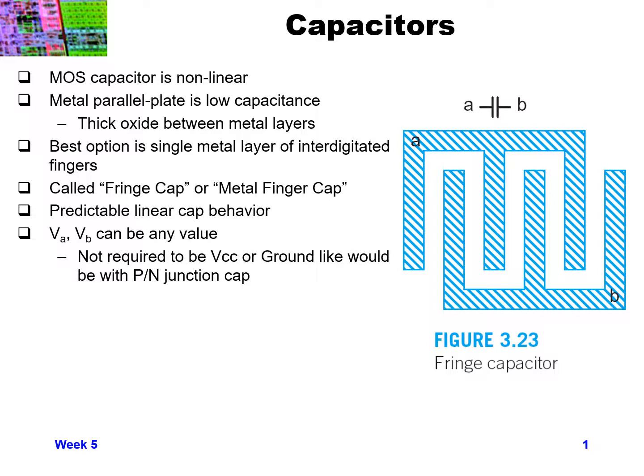So you're not required to have one of the terminals be VCC or one of the terminals be ground, like you would if you used a PN junction for a cap, where you need to make sure one is always higher than the other. So this allows you to have a predictable linear cap behavior that you can assign to whatever voltage for each terminal.